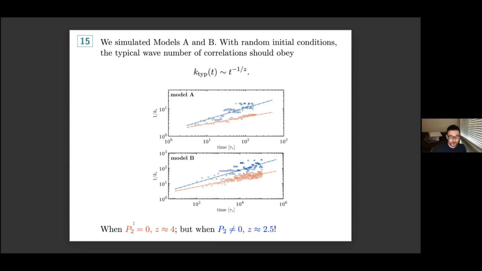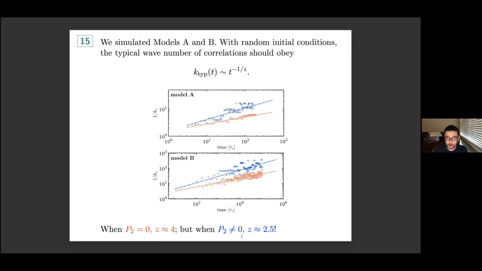When we don't have the cubic term, that's when we think P2 equals 0, we find that the z in our model is approximately 4, based on this test. So it seems that we're fairly close, if not right on the nose, with our previous prediction. We actually think that theory should also be unstable in 1D, but not as unstable. Anyway, we can't really tell the difference from linear hydrodynamics in this numerics.